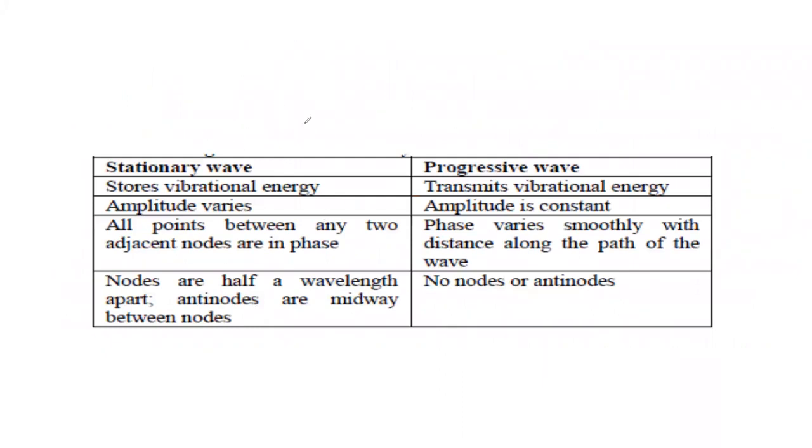So this is a comparison. You should be able to compare these two types of waves. A stationary wave stores vibrational energy, while a progressive wave transmits it. What does it mean?